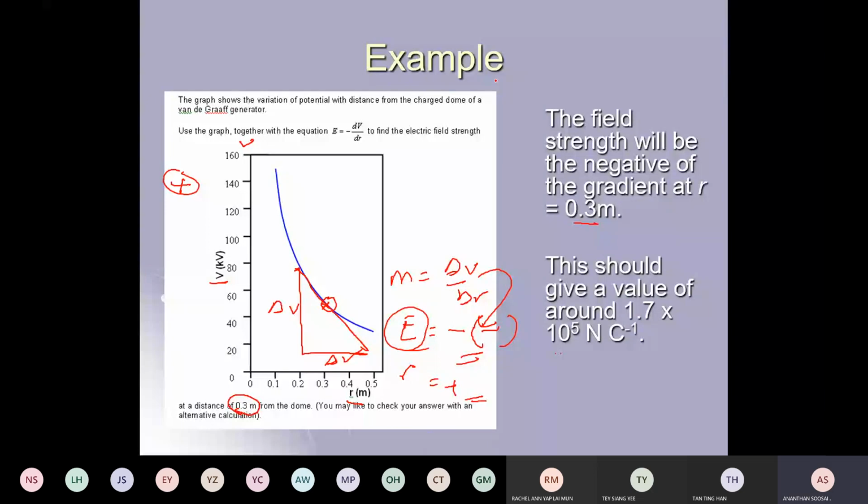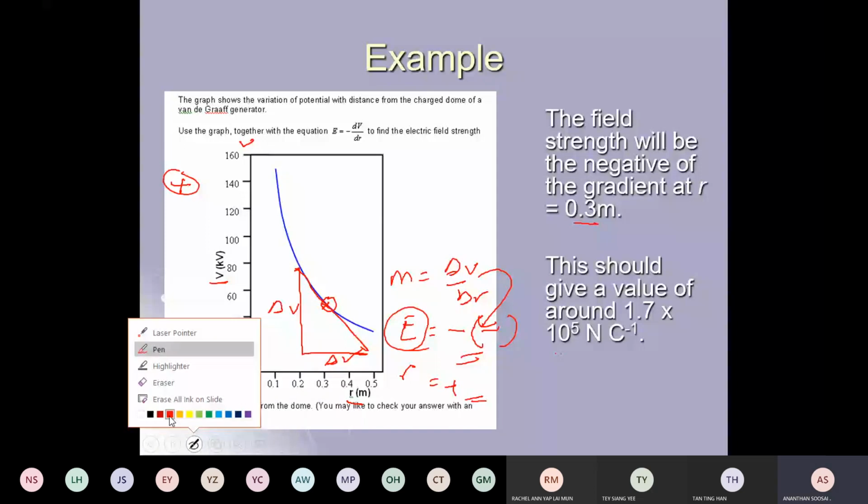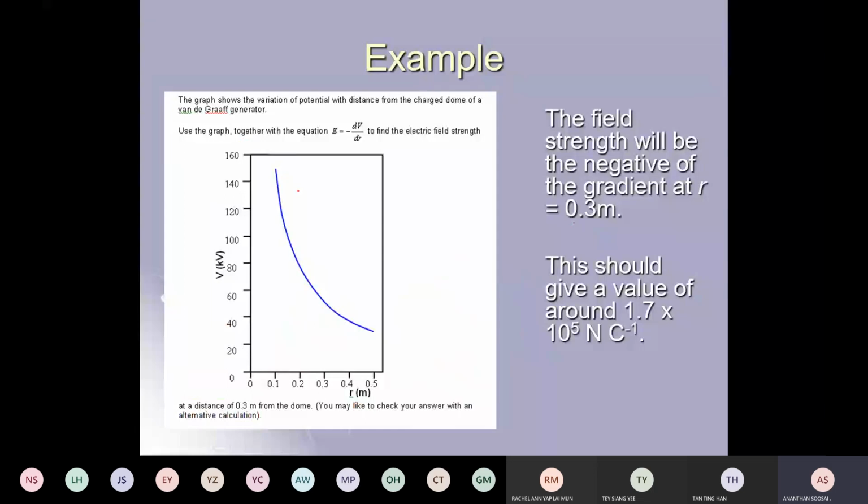Okay, let me clear this. I want to add more questions here. Plus, this is V versus R. Tell me, point A, point B, point C. Point A is here, point B is at the center, point C is at the bottom.